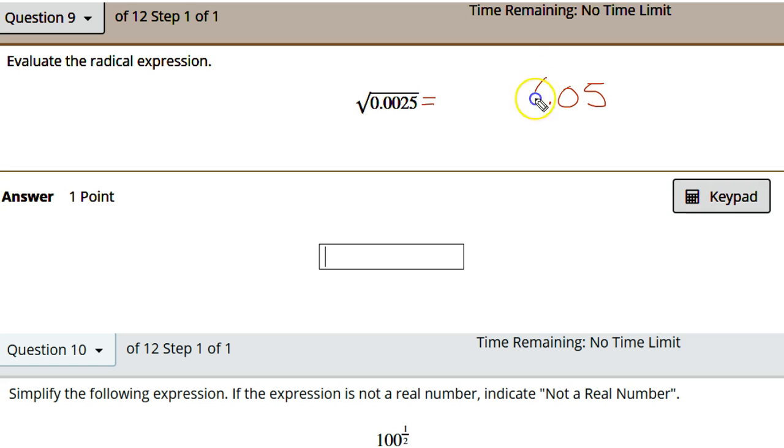So to square this, to get that, this then is the square root of it, 0.05. Because if you squared this, you would get that. Now, you could also put that in your calculator, and it'll give you this too. Okay, let's go on here.